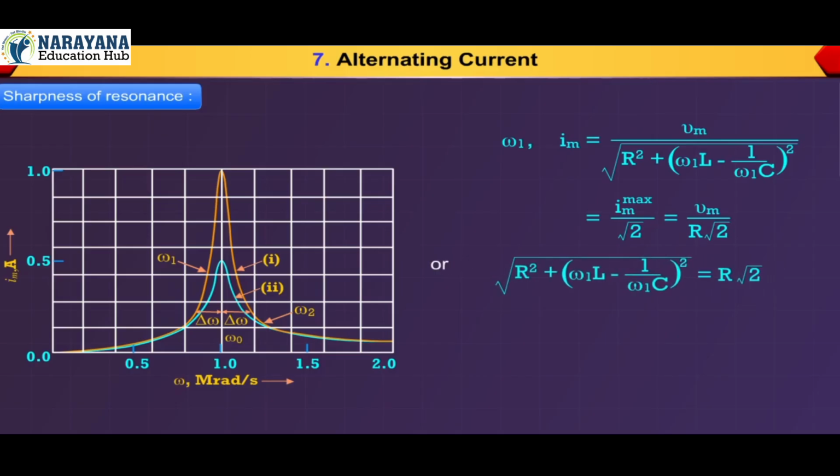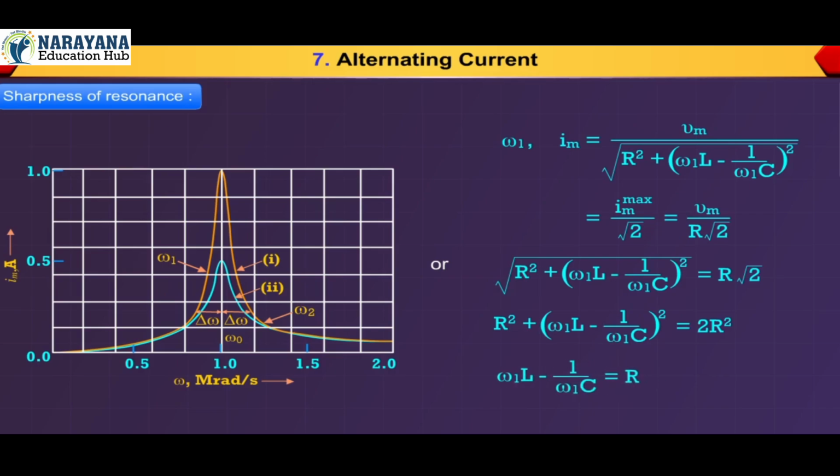Or, square root of R square plus (omega 1 L minus 1 upon omega 1 C) whole square is equal to R root 2. R square plus (omega 1 L minus 1 upon omega 1 C) whole square is equal to 2R square.